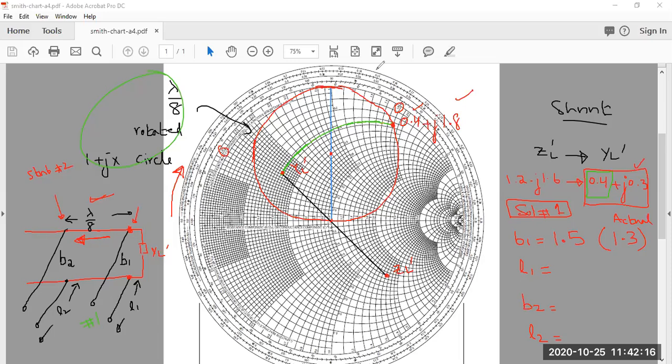What you will do is open your compass such that its center is this one, and open it with this much radius, and then draw a circle, an SWR circle. I am drawing a rough circle, so when you draw it, it will look like this.